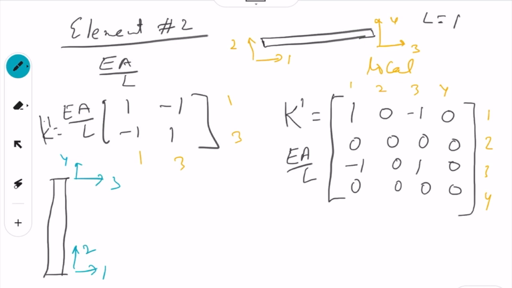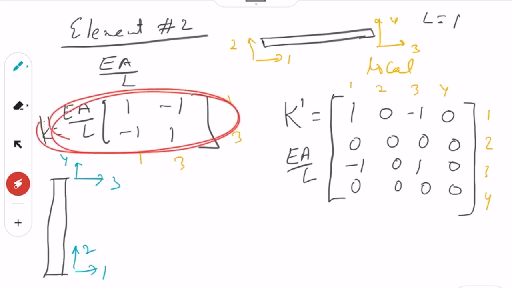Now, if you look at it, we can still use the same one, but we have a different degree of freedom now. So now this becomes 2, this becomes 4. So the degrees of freedom have changed.